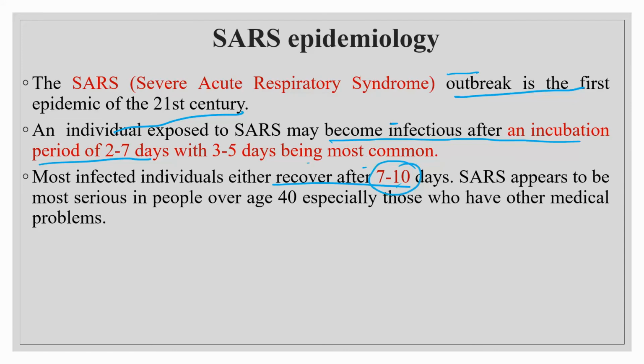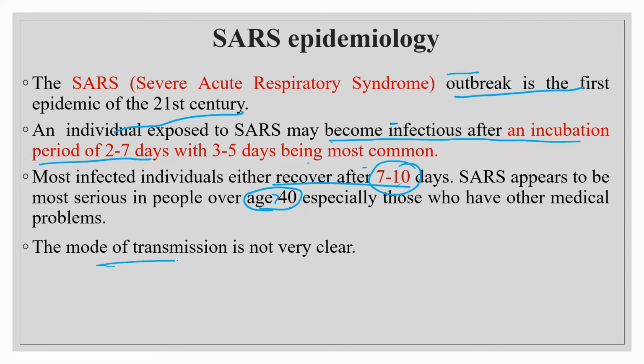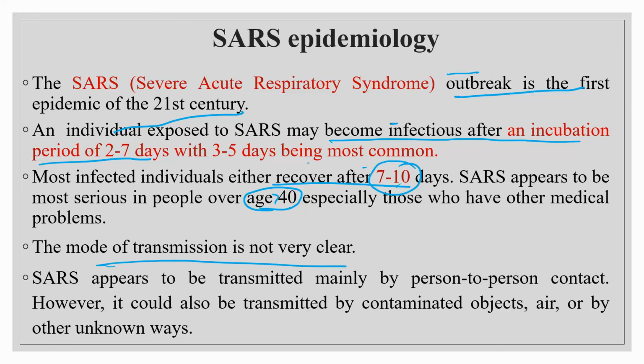It is serious for people aged greater than 40 and having other medical problems. The mode of transmission is not very clear. It can be transmitted by person to person contact. Also it can be transmitted by contaminated objects, air, or by some other unknown ways.